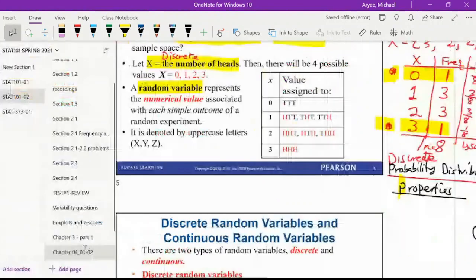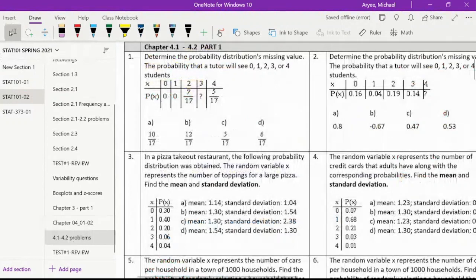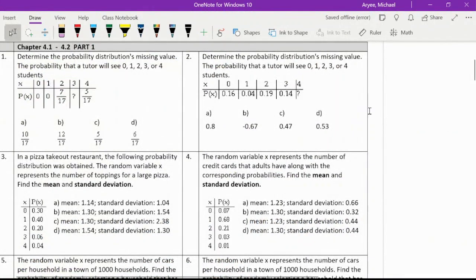So let me show you an example of how a question like this may look. It says determine the probability distribution's missing number. Why are they saying determine the missing number? Because when you add the probability line, the sum must equal 1.